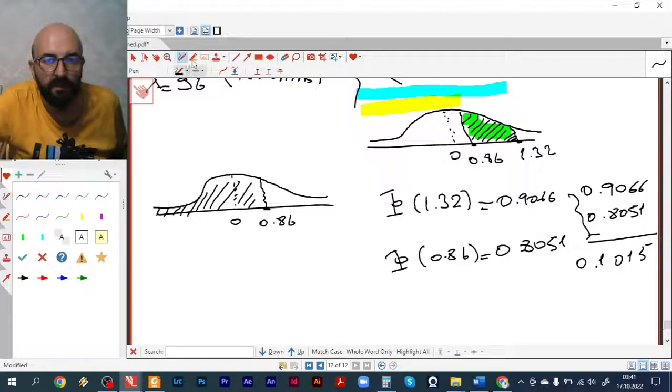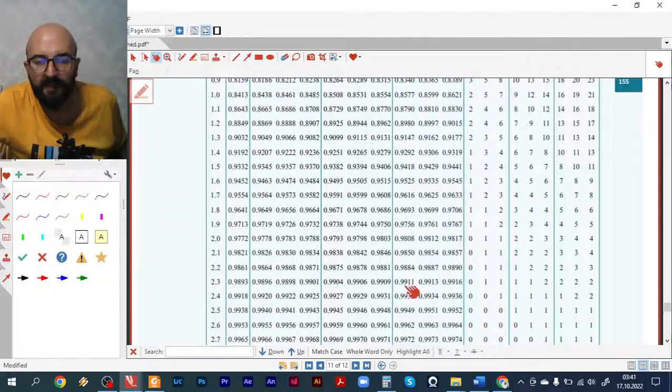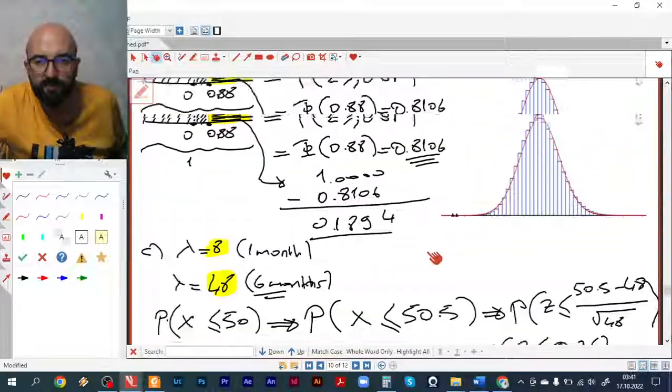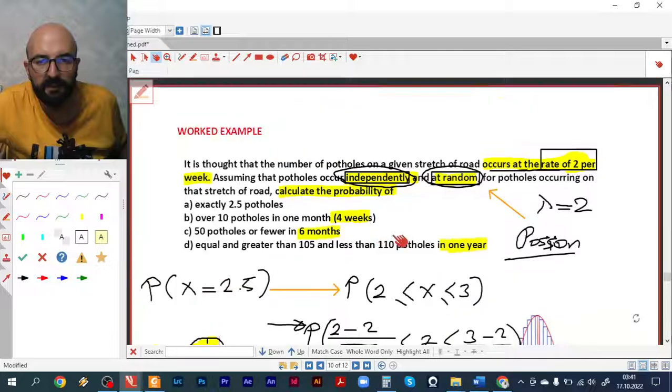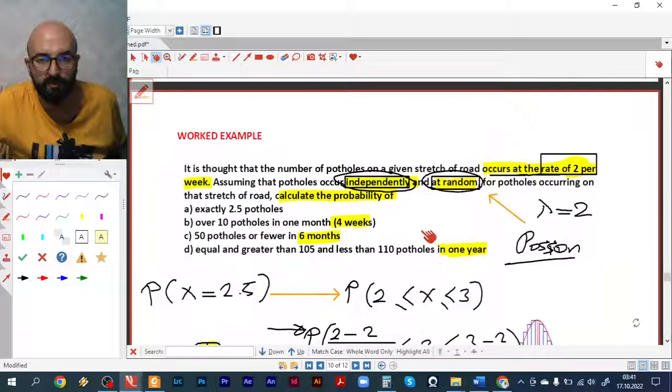So our result is 0.1015. And so we could finish the Poisson distribution.